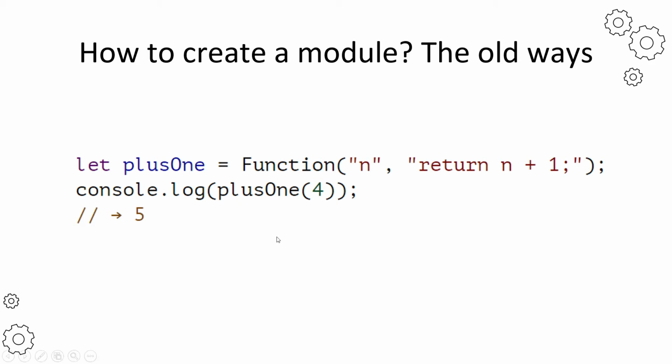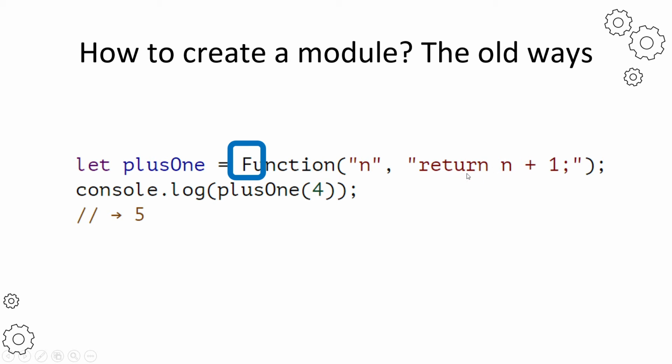It's using the function constructor. As you can see, the F is capitalized. It's a constructor, and it takes two parameters. The first one is the parameters for your new function. They are separated by comma, but for this one we have only one parameter. And then is the content of the function.